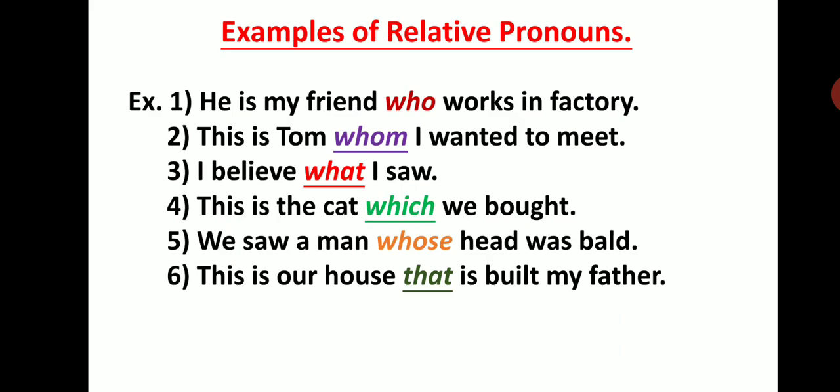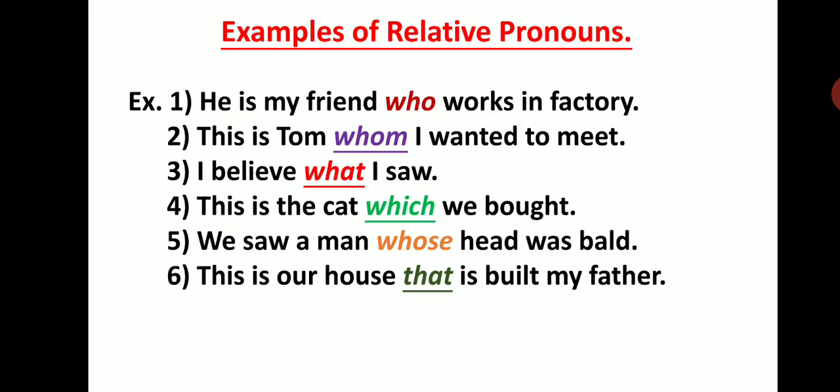Now let's see some examples of relative pronouns. First, he is my friend who works in a factory. This is Tom, whom I wanted to meet. I believe what I saw. This is the cat which we bought.